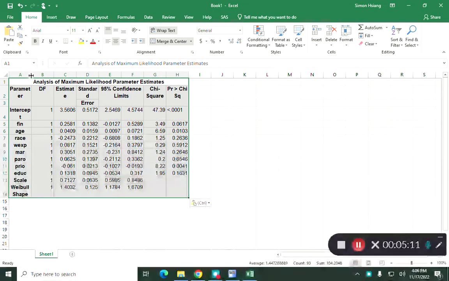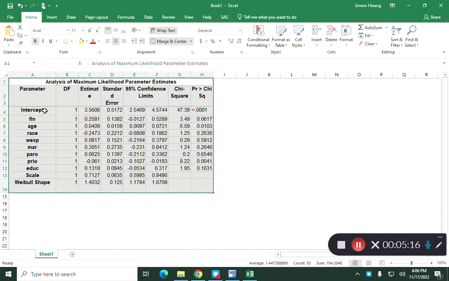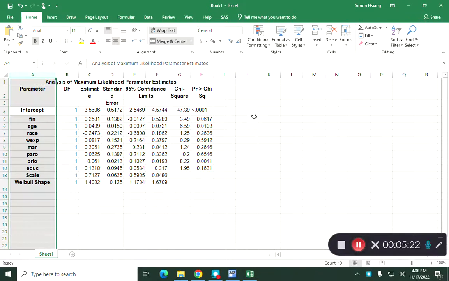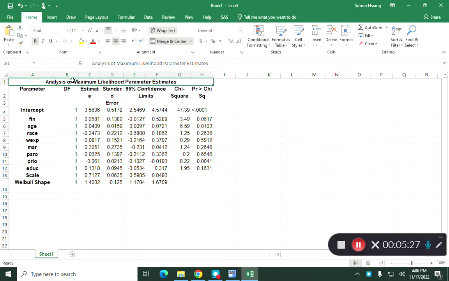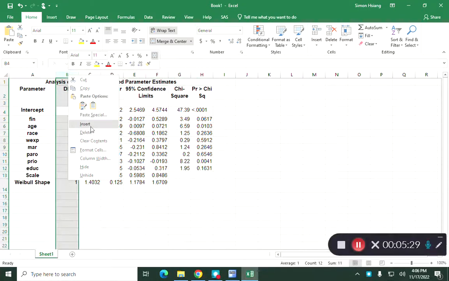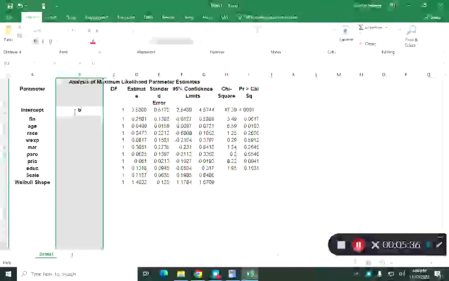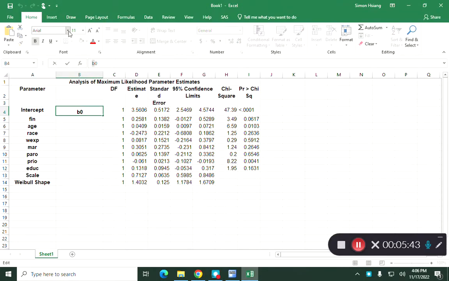Here's the file. So which one is my beta 0? This one is my beta 0, right? So here let me insert one. I can call this my beta 0.